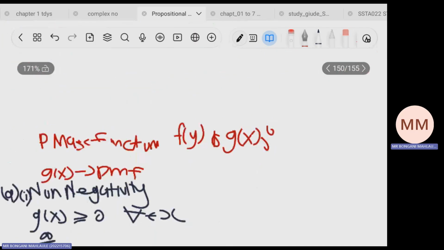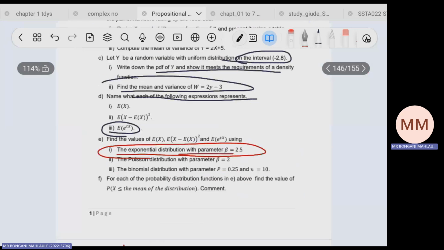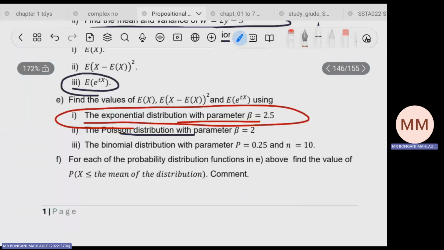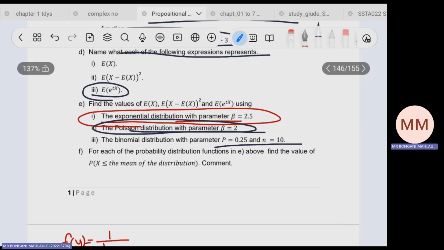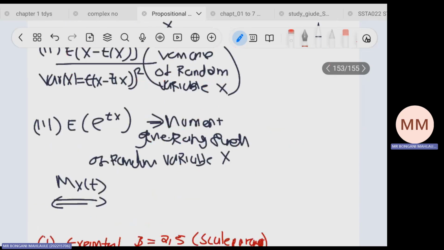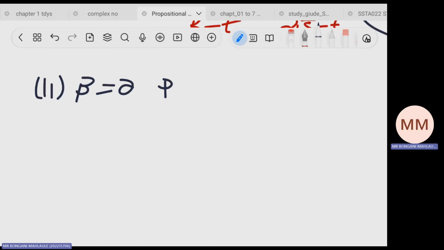Let's check the Poisson distribution. They are saying find the value of the expected value when beta is equal to 2. Then we'll also do the binomial. So letter B, beta is equal to 2 for a Poisson distribution.